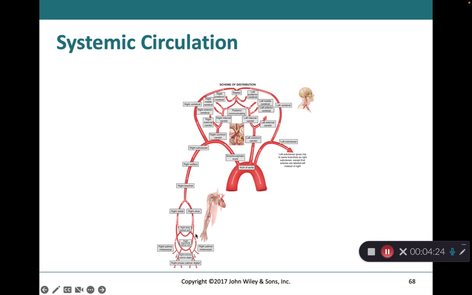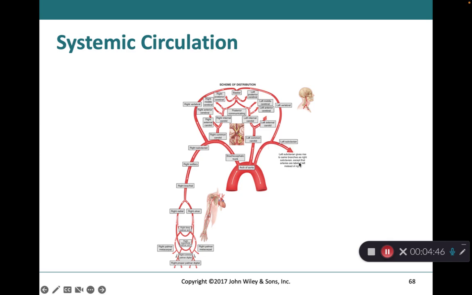Of the upper limb, right and left are basically the same, except everything written here for the right is left instead. Remember from the heart, the arch of the aorta has 3 major branches off it. The brachiocephalic trunk, which is the one we're going to talk about, goes into the right limbs.